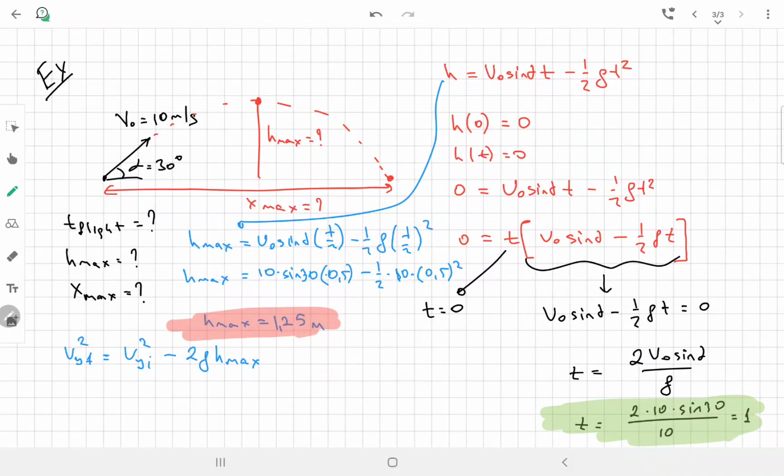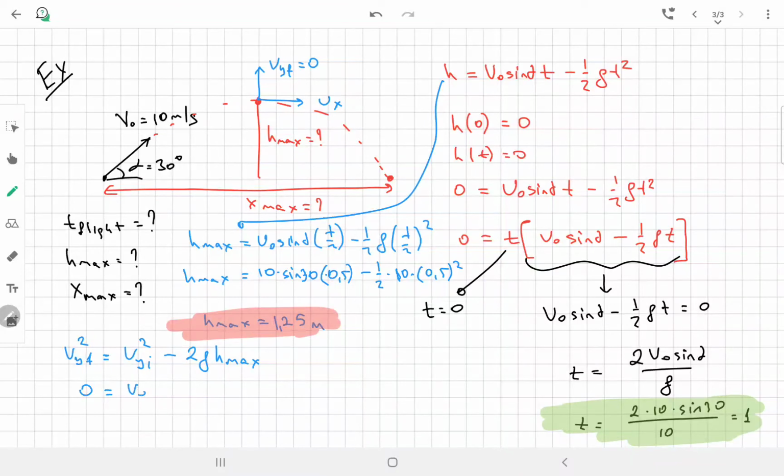Basically, it will stop its motion in vertical direction. So here, Vy final equal to 0. Because it's maximum height, it will start falling downward. It means it should stop its motion in vertical direction. It will be only moving in horizontal direction. It means V final equal to 0 in vertical direction at maximum height.